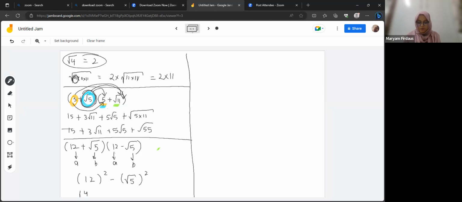Come on, you're supposed to remember what is 12 square, okay? Minus root 5 square. Now the square and the root will get cancelled with each other. So you are left with 5. So this becomes what? 139. This becomes 139.